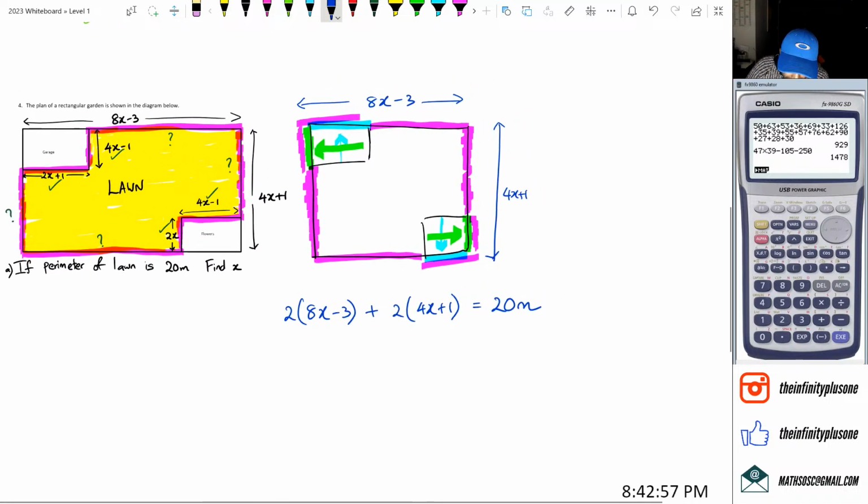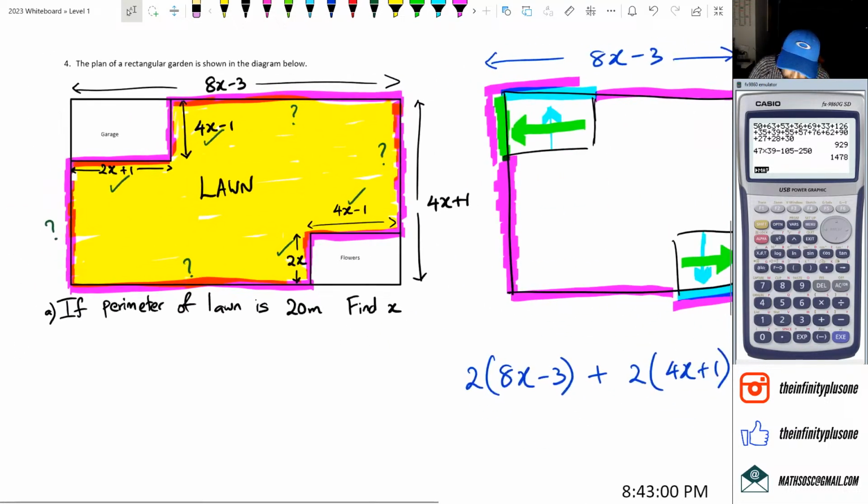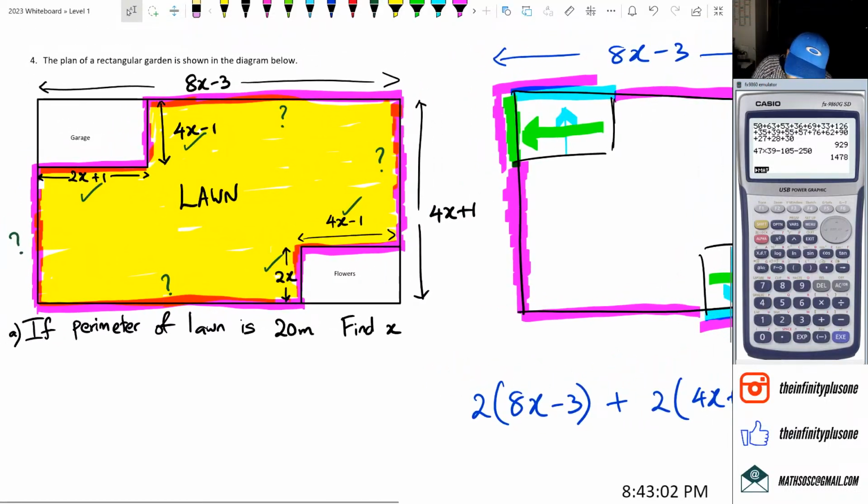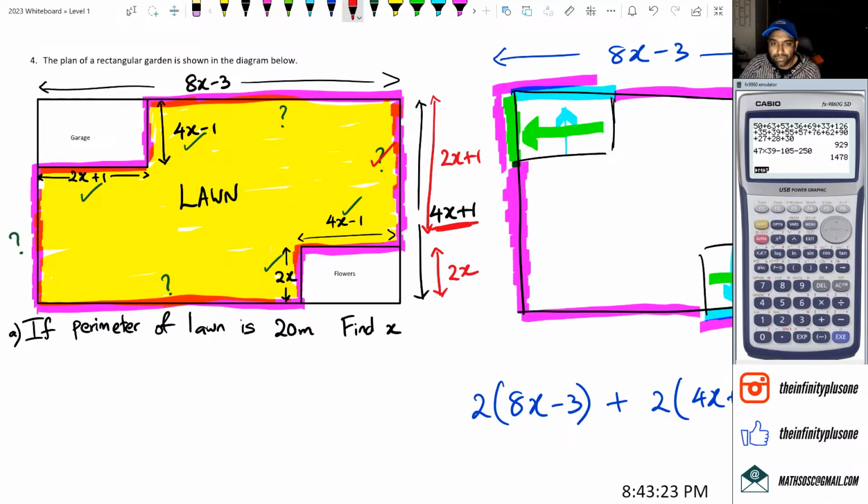So I'm going to pause you guys there, and I'm going to come back to this diagram and show you guys here. So we've got 4x plus 1 as the height. This part from here to here is 2x, and if the total is 4x plus 1, then this part here is going to be 2x plus 1. Because if you notice, 2x plus 1 plus 2x is equal to 4x plus 1.